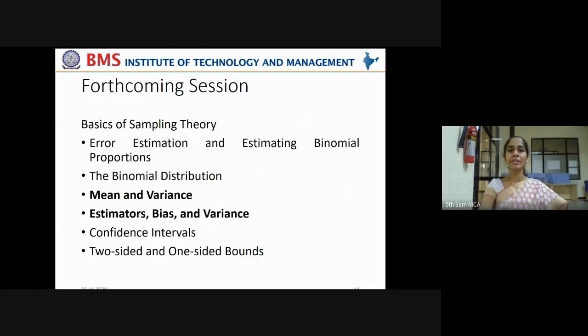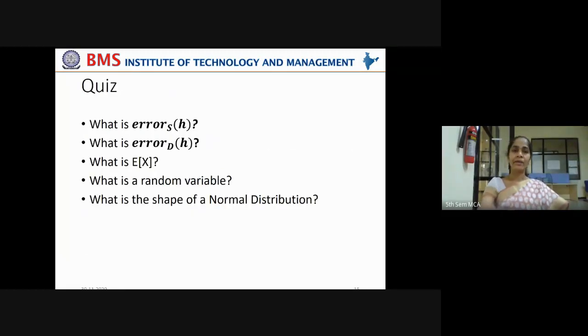Now in the next coming session, we'll elaborate more on mean and variance and the estimator's bias and variance associated with them. Now can you quickly tell me what is this error S of H? A general name for this error S of H? Students? Sample error. Yes, it is sample error. What is the next one?